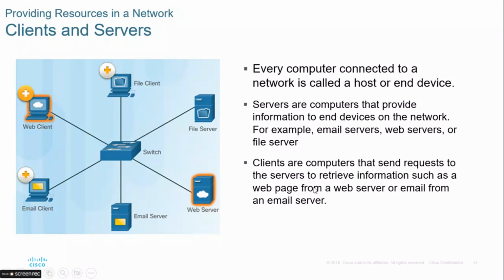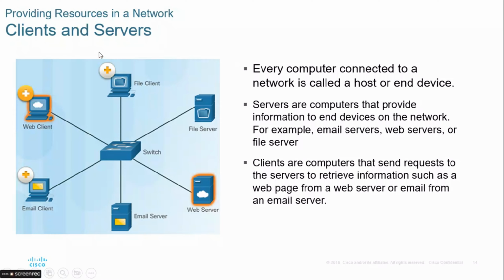So clients are computers that send requests to the servers to retrieve information, such as a web page from a web server, or an email from an email server, or a file from a file server. Then servers are computers that provide information. So servers provide, then clients send requests to servers. So you should understand that.